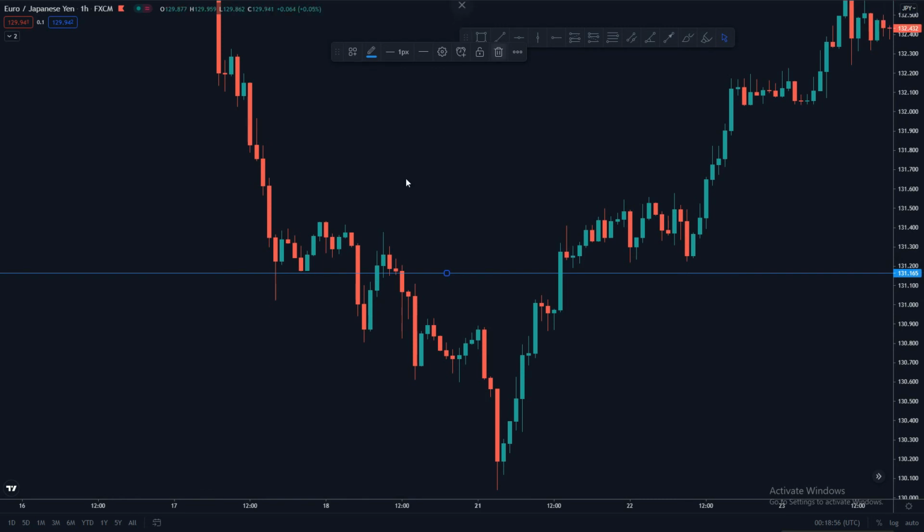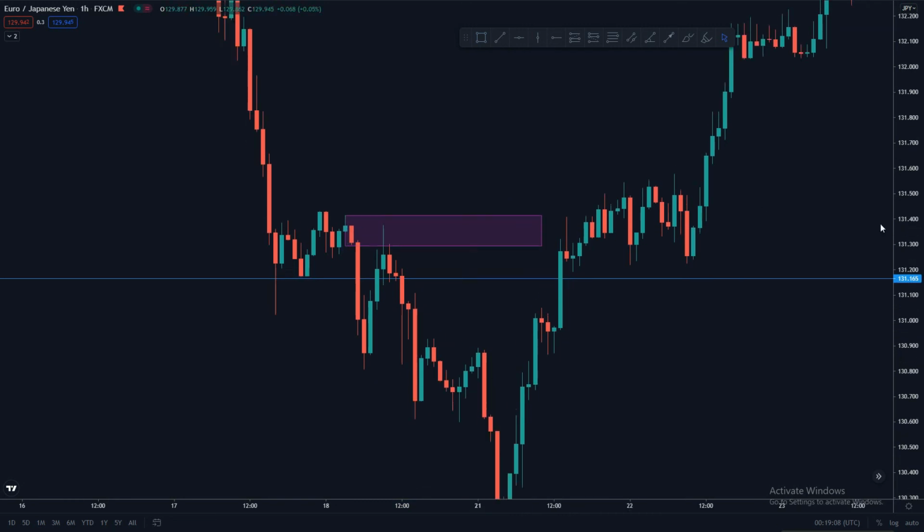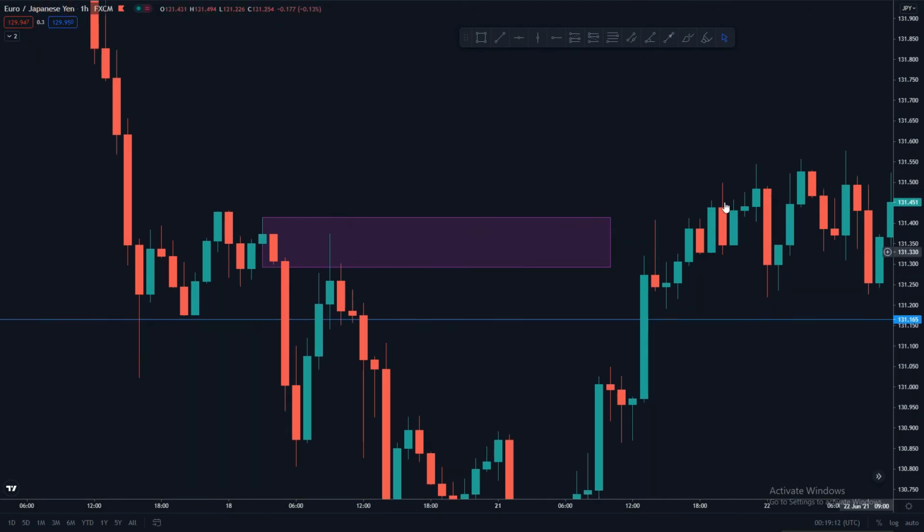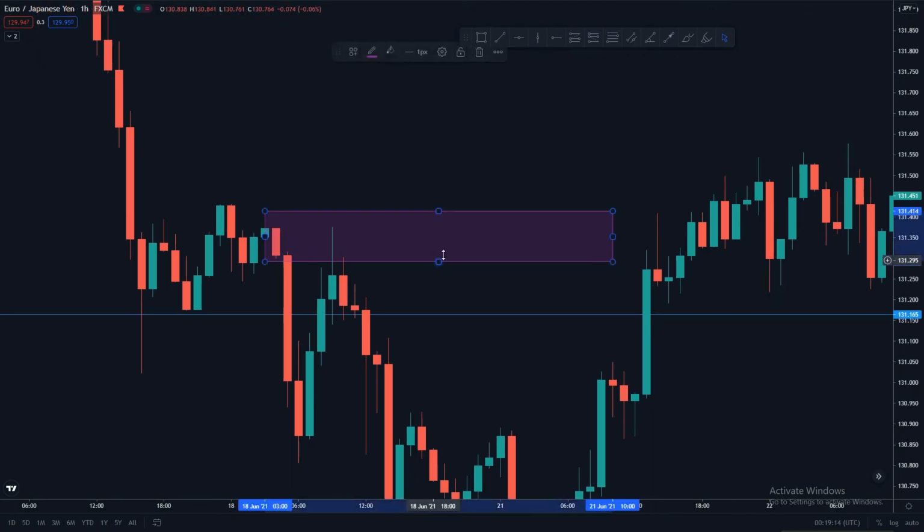So when it breaks this low, what are we going to do? The last one now is the last bullish candle, because we are going down. So this last bullish candle, we are going to mark that one to identify it. I use this box like this.